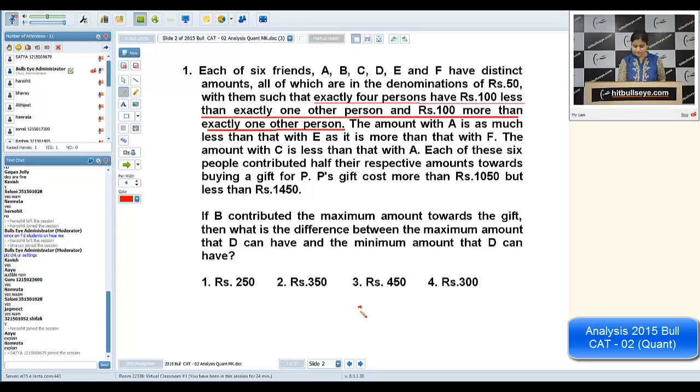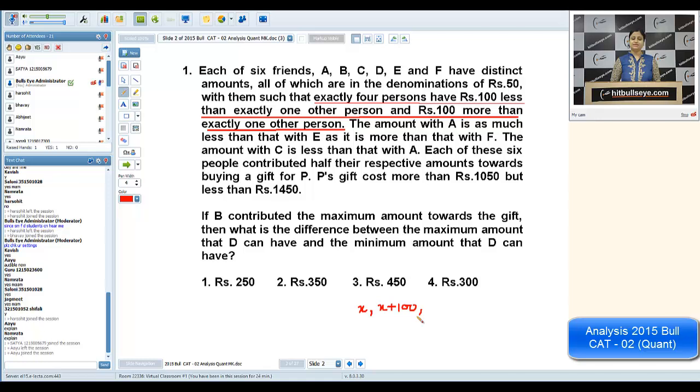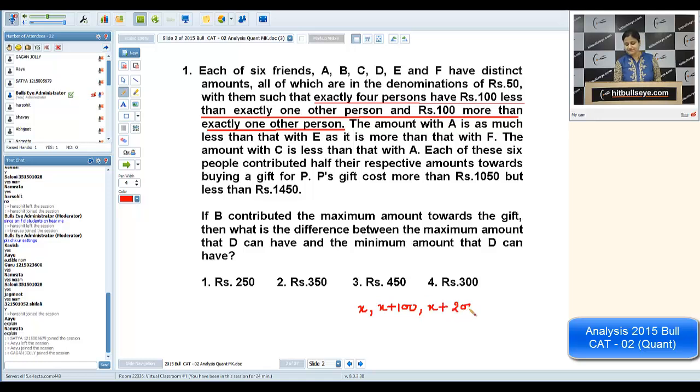It means if one person is having X, of course there should be one person who is having 100 rupees more than X. So I'm considering that one person is having X, then another is having X plus 100. Since the second person is having 100 rupees less than another person, I can consider X plus 200 as the third amount, X plus 300 as the fourth amount, and X plus 400 as the fifth amount.